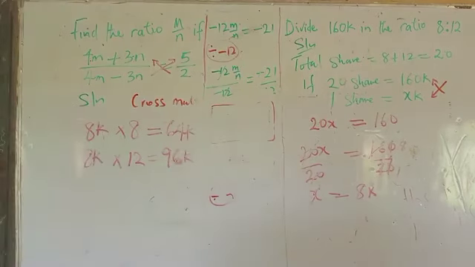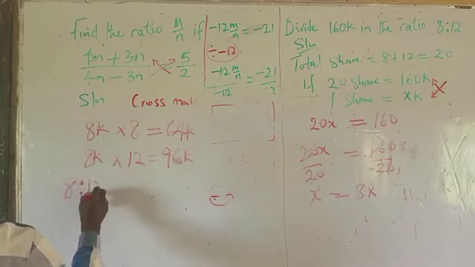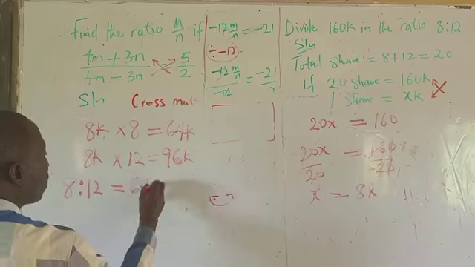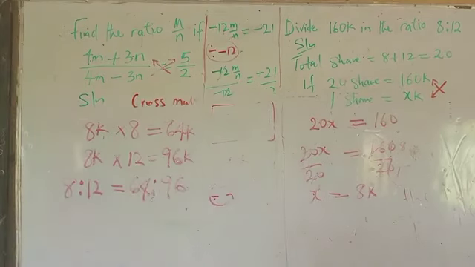So we have been able to break it down into shares. That is to say, to divide 160 in the ratio of 8 and 12, it will be 8 ratio 12, which is equal to 64 ratio 96.